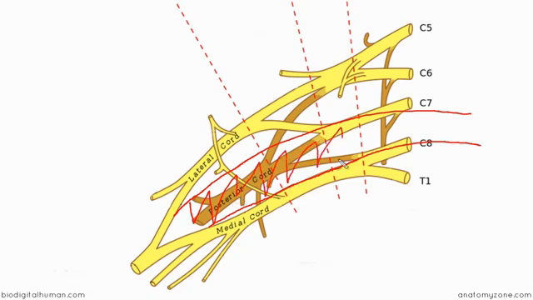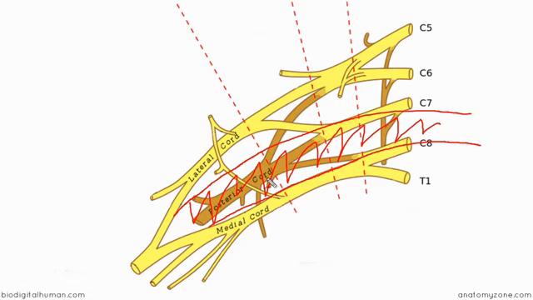So just kind of fill it in. You can see that the medial cord lies medial to the axillary artery, and the lateral cord lies lateral to the axillary artery, whereas the posterior cord, formed from the posterior divisions of the three trunks, runs behind the axillary artery.